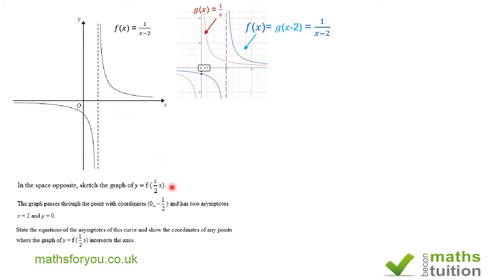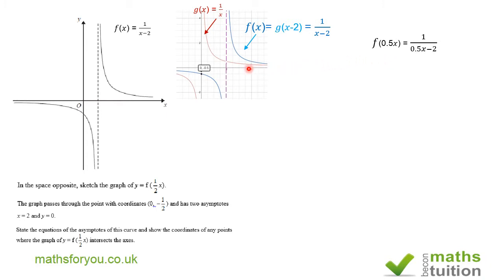Right. Now we are required to sketch the graph of f of x over 2. So in effect, we need to replace this x here with 0.5x, or half x. So we want to sketch this graph.